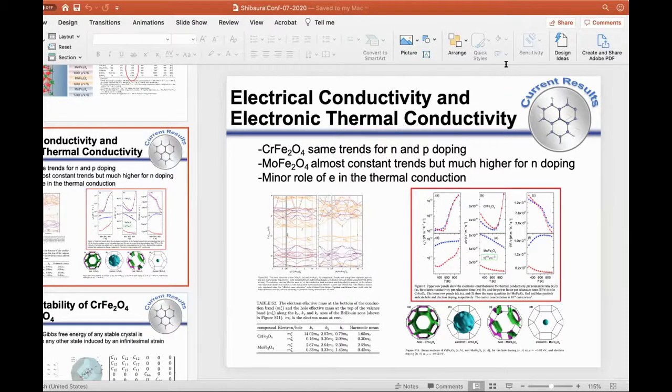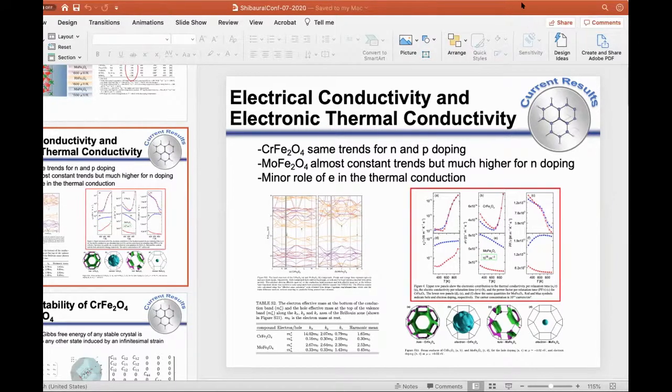The power factor value is in this panel. The unit is different from the normal one, because this power factor is divided by the time constant. We are in the relaxation time constant approximation, and we divide everything by that value.